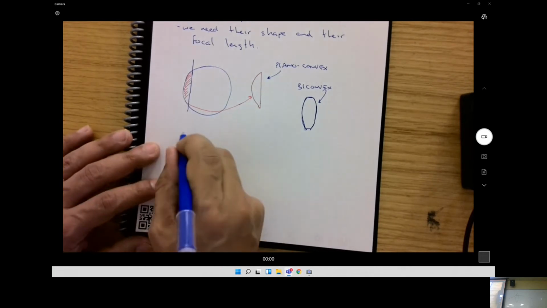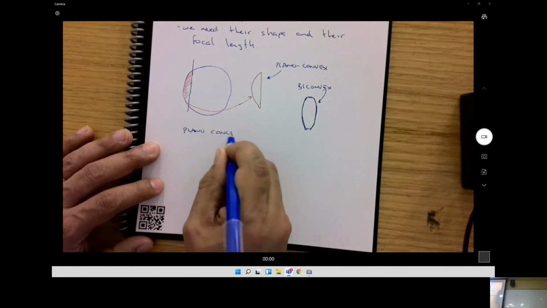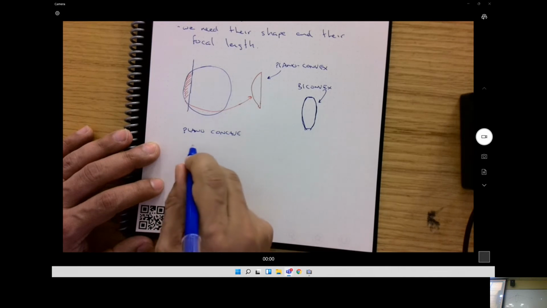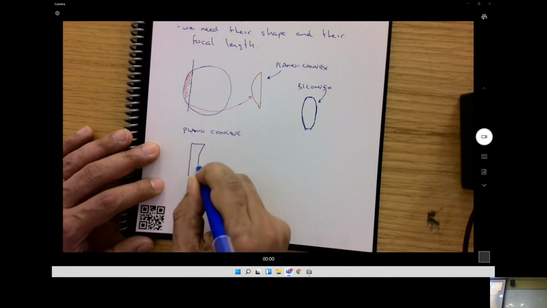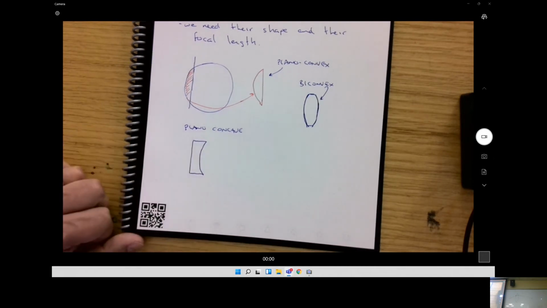We also have plano concave, in which we have a flat surface and then a curve on the inside.